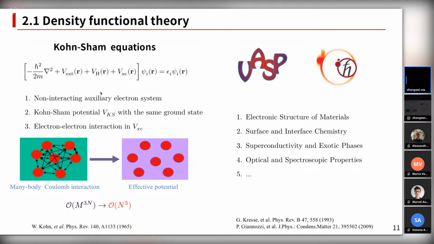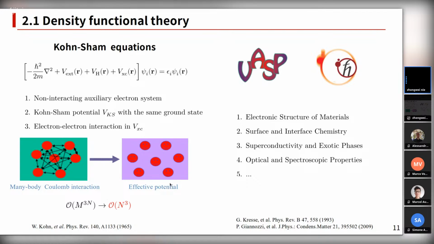In this auxiliary system, the exchange and correlation interactions are all absorbed into the V exchange-correlation. The Kohn-Sham equation successfully reduced the problem of many-body wave functions of exponential order to the problem of charge density of cubic order.